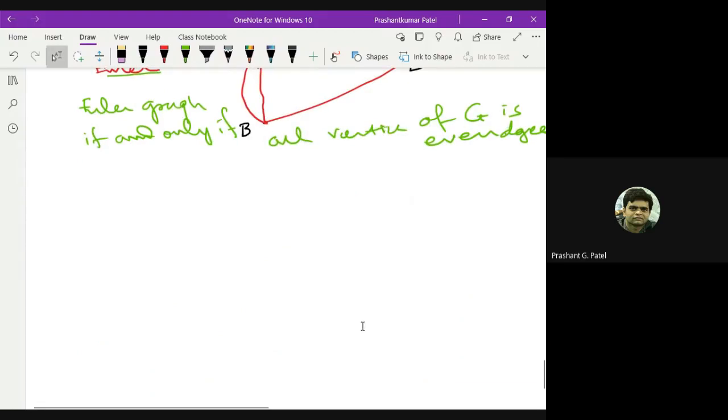The next problem is to find the shortest path.